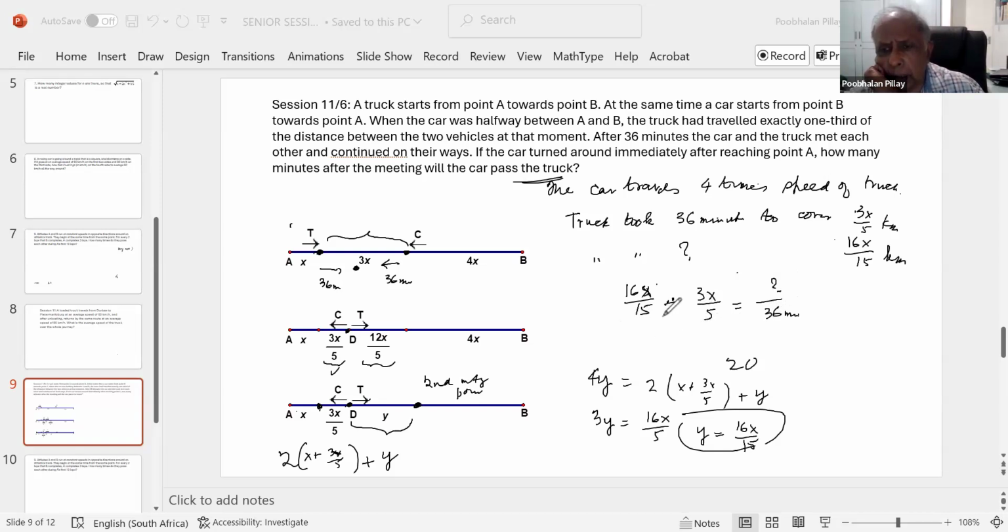The x's actually cancel, because 16x divided by 3x over 5 is the same as 5 over 3x. So the x's go away. 5 goes into this 3 times. And then you're multiplying that by 36.